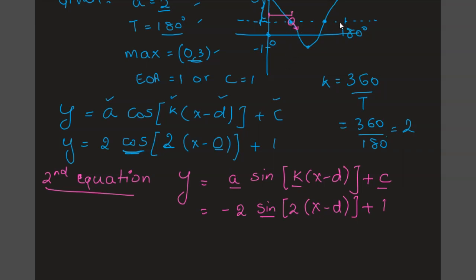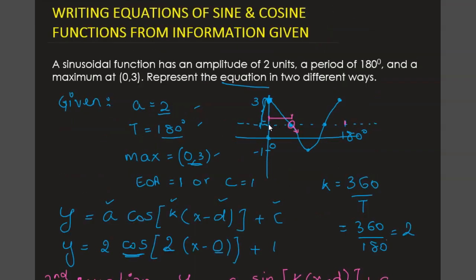Since I know my time period is 180 degrees, and I also know that these points are always seen when we divide the graph, or the time period, into 4 equal parts, when we divide 180 by 4, the first point we see is at 45 degrees.